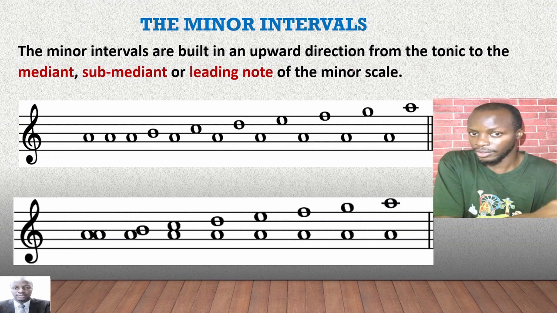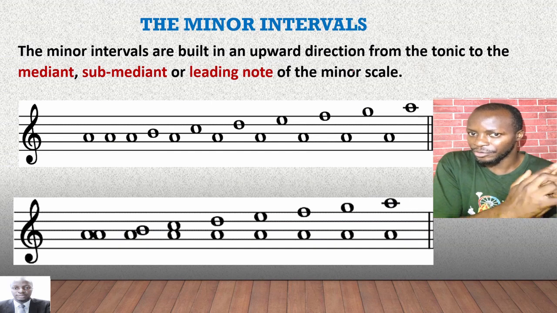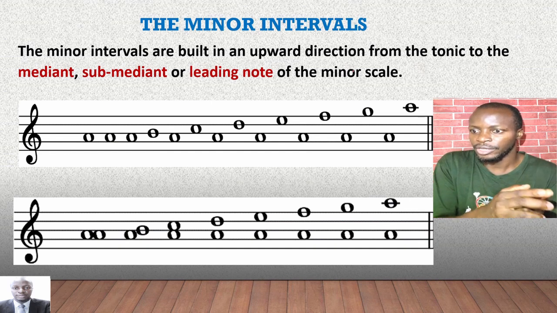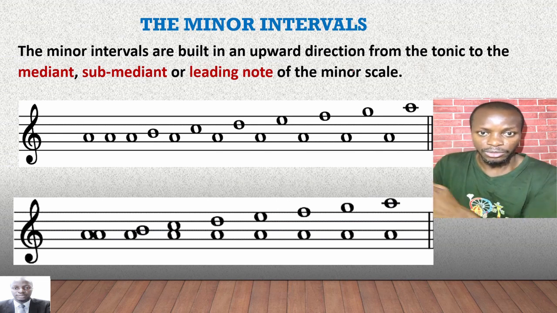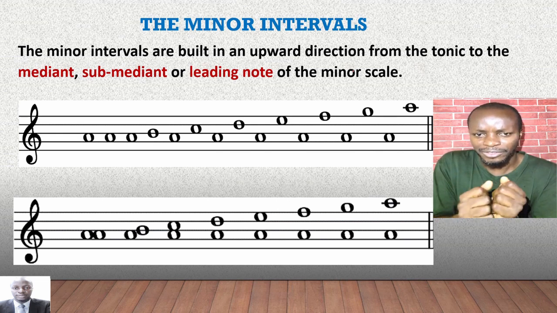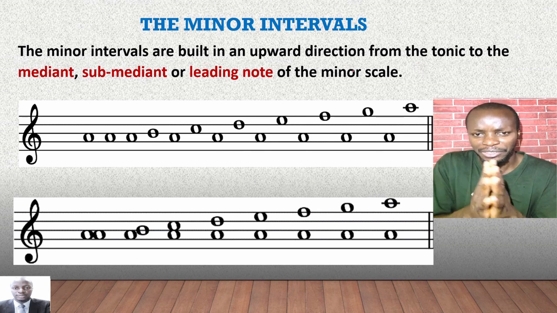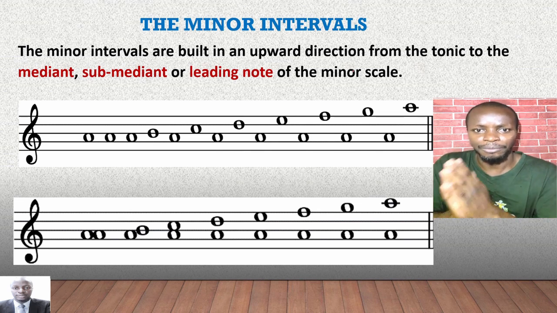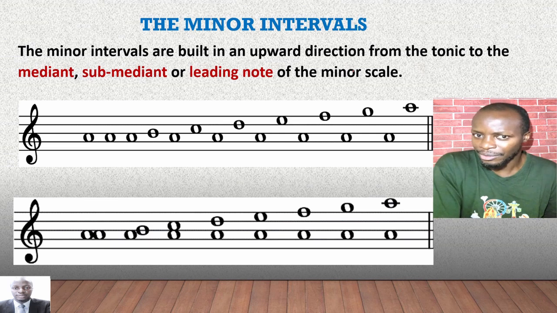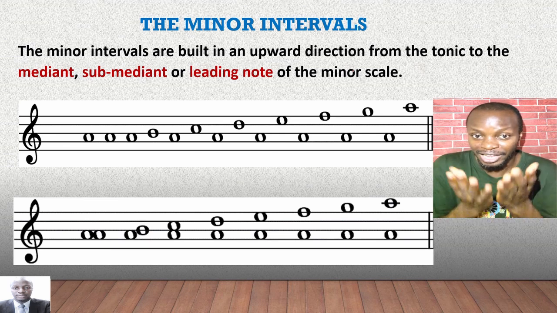No, it's a third. It's also a third, right? But the third is always very different from when you build a third from the tonic to the mediant upward, because the specific number of semitones you will find between the tonic and the mediant, or from the tonic down to the submediant, are not the same, though they are both thirds.